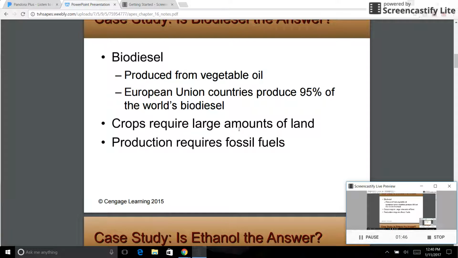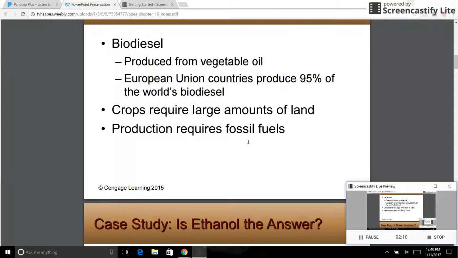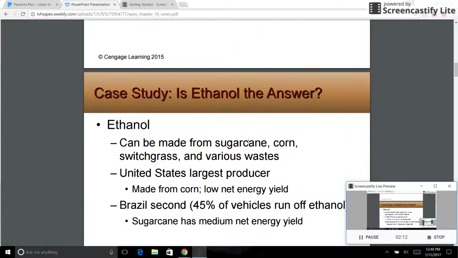So, it's tricky because you also need fossil fuels for the industrialized agriculture part of things. There's a lot of energy that goes into getting the crops to where they need to be, harvesting them, processing the biodiesel, and so it's not quite as efficient or sustainable as we would like to think sometimes.